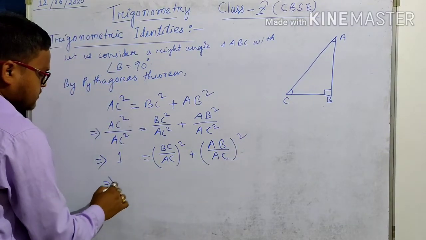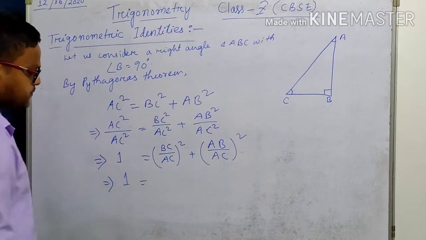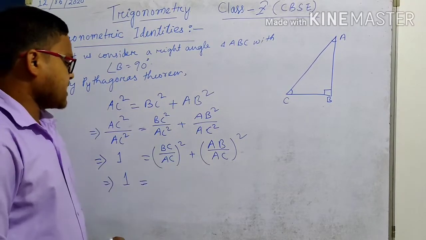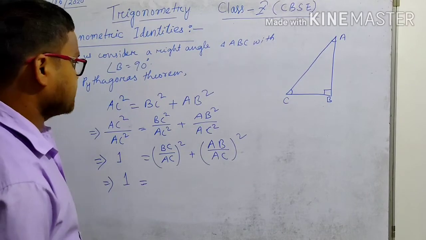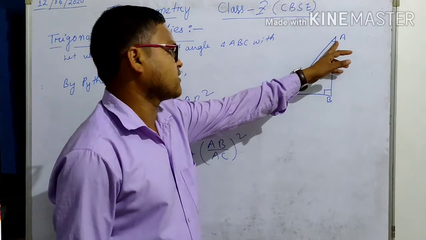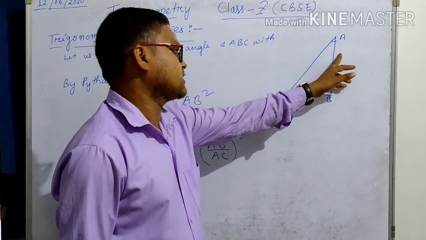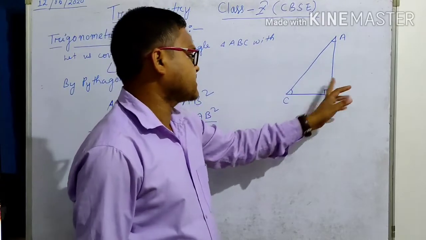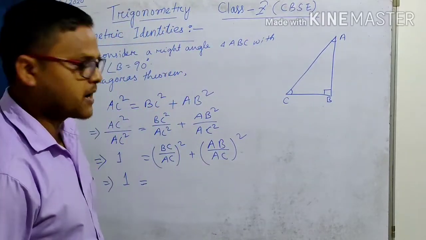So 1 equals, now you see BC by AC. If you take the angle A, AB is the base and CB is the perpendicular.